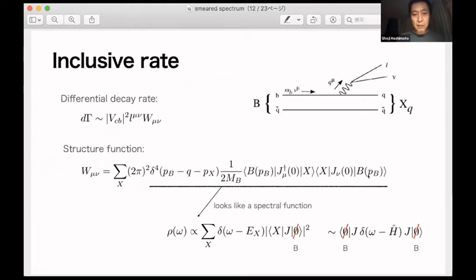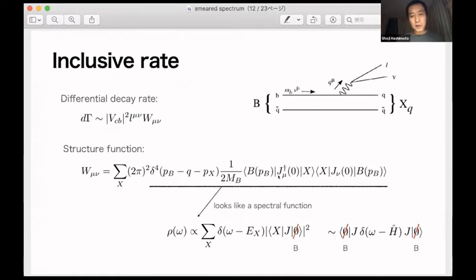It describes the B meson decaying to all possible final states X, and X coming back to the B meson with the dagger of the operator, so it looks pretty much like the spectral function in the previous example. The only difference is that here the initial state is not the vacuum, but the B meson. That is the only difference.